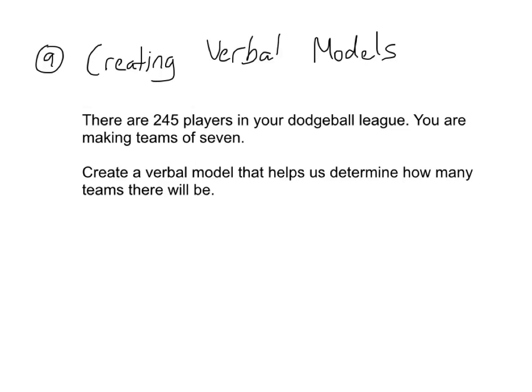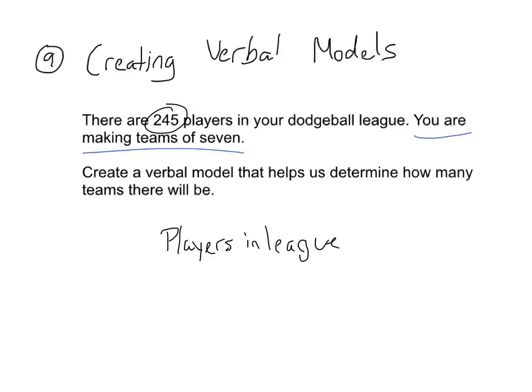So how do we do that? Well, let's see. We know how many players there are in the league. That's 245. And we know that you're making teams of 7. So we're going to split this 245 up so that we have equal teams of 7.